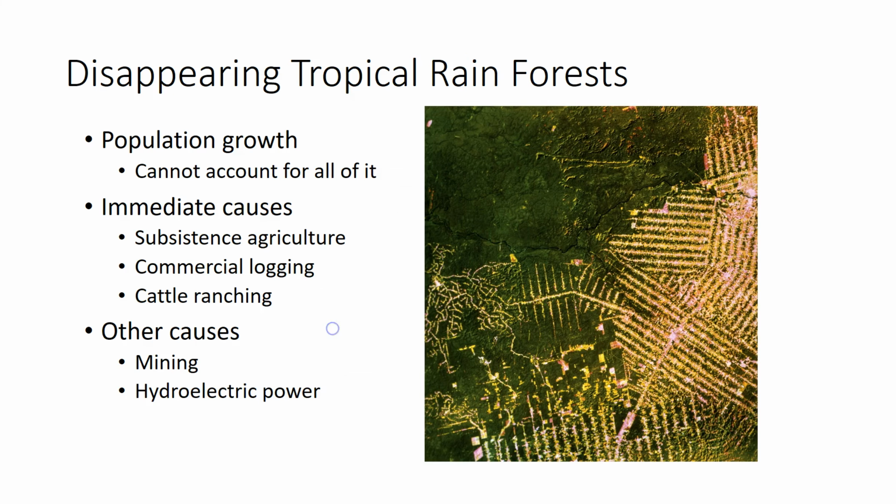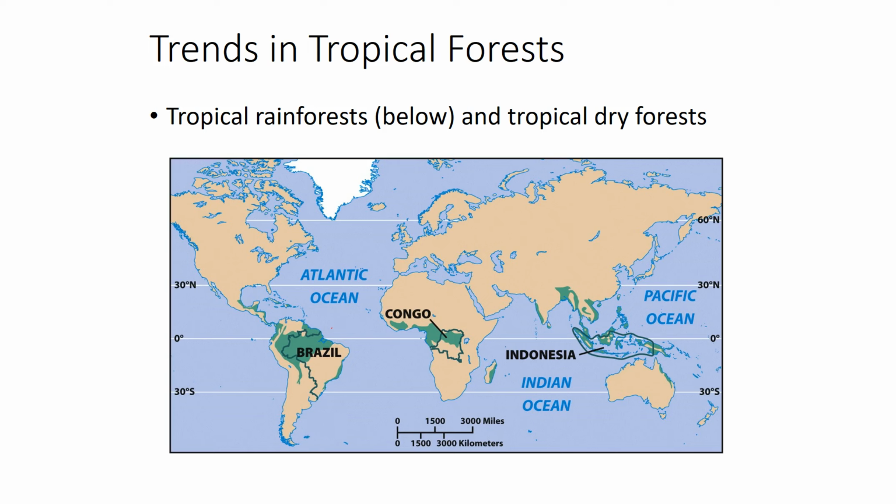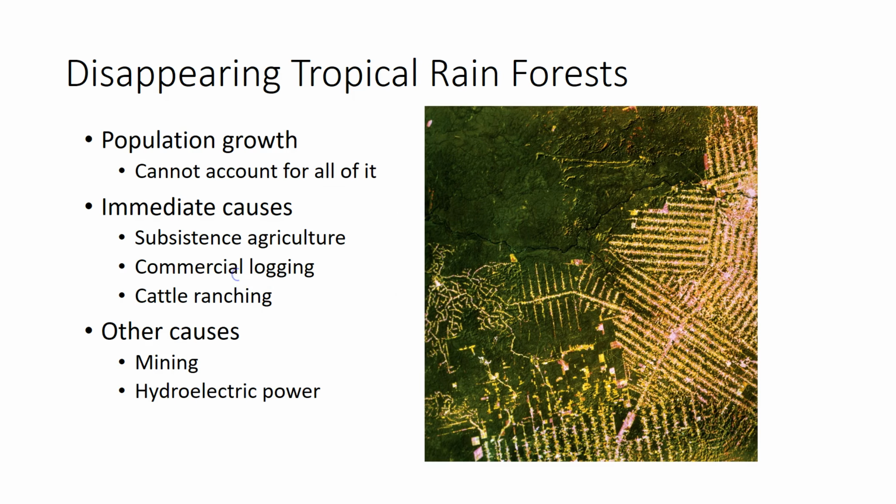And so these would be these green areas you see here, in Central and South America, Africa, and Indonesia. All right. So what we're seeing is not just some minor decline. We are seeing extremely rapid decline in our tropical rainforests, and we'll talk some about the biodiversity loss in a later chapter. But this is hugely concerning. Okay.